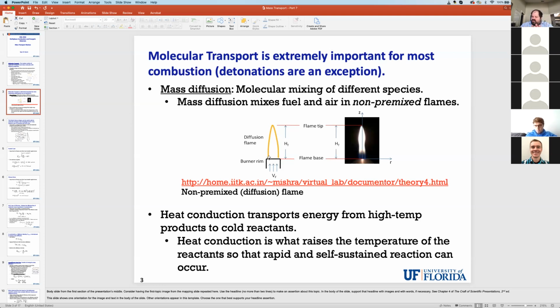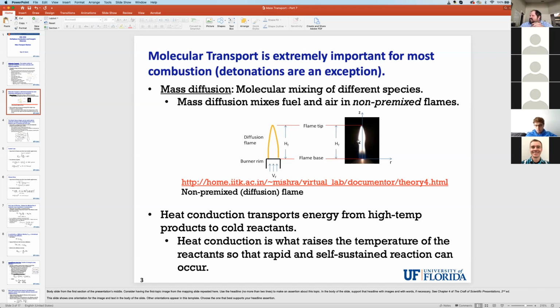And then after those molecular transport processes mix the fuel and the air, if there's a heating source, which can be the flame itself, that mixed fuel and air can then burn and react chemically. So these transport processes are extremely important for combustion.